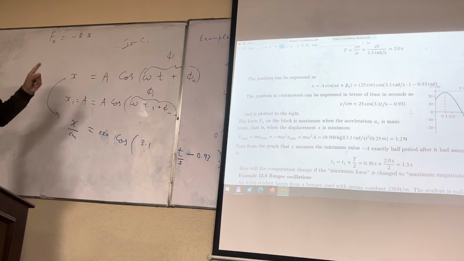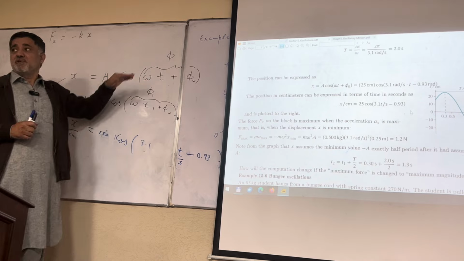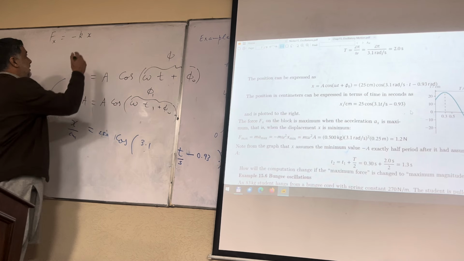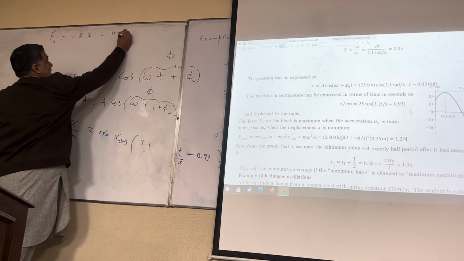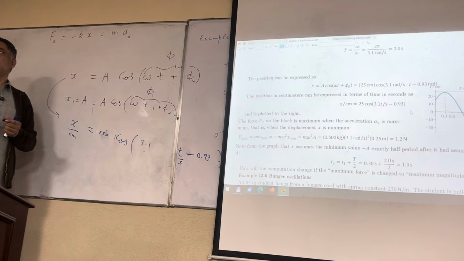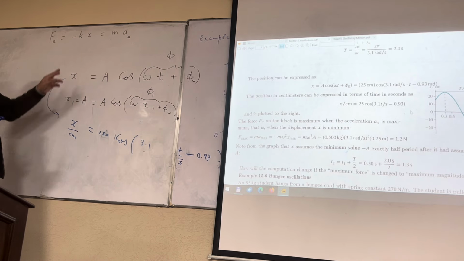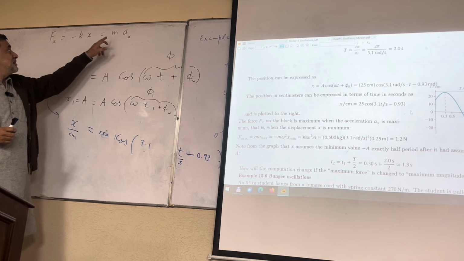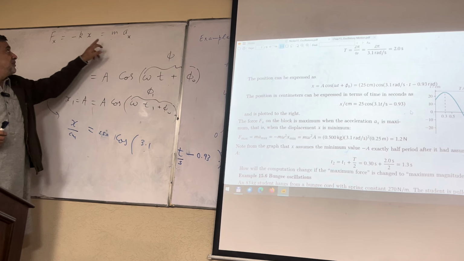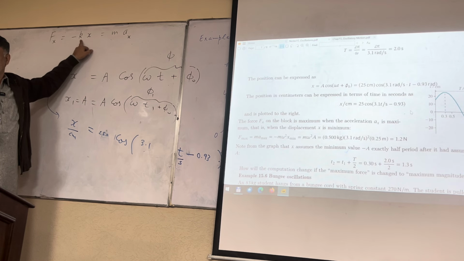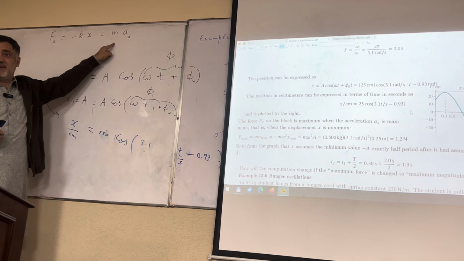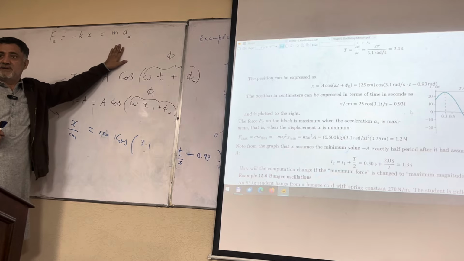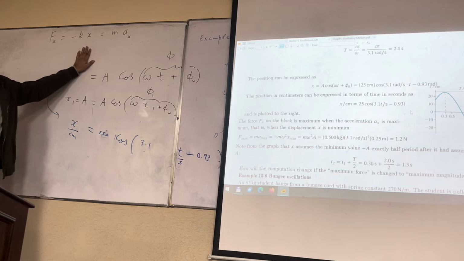By the way, this is also equal to ma, so I'm writing that as well. Why do I need to write that down? Not because F comes from there, but because I know the value of m in this question. I don't know the value of k. Because I know m, I'll use this for computation, but I'll use the other for reasoning.